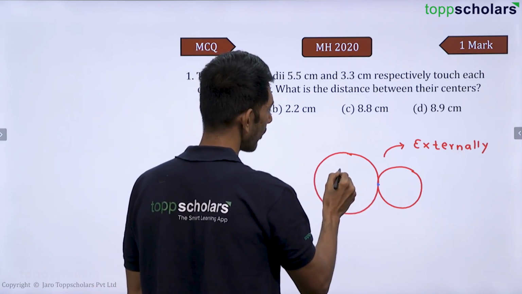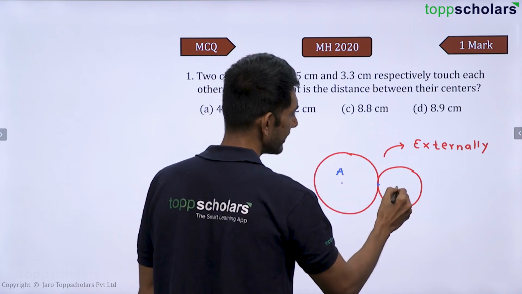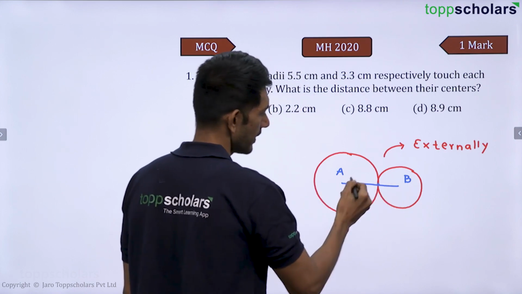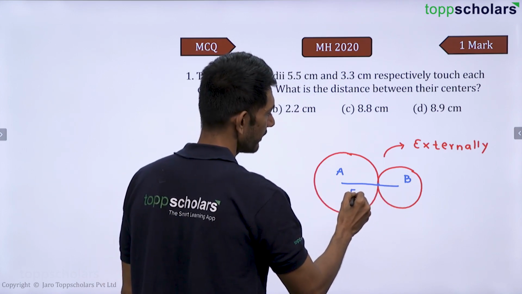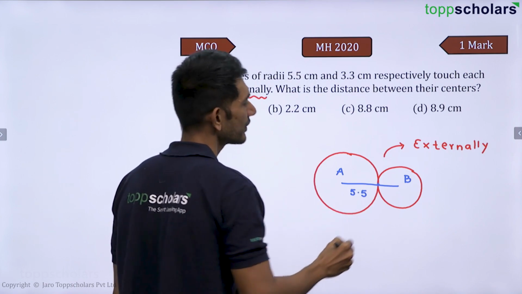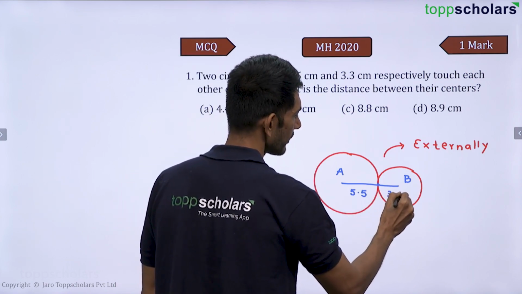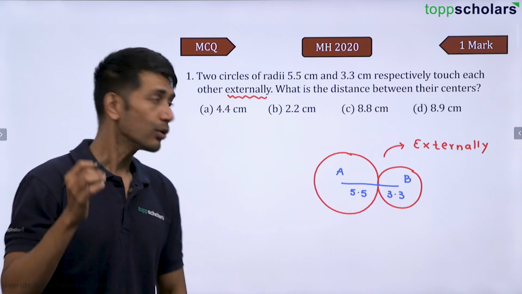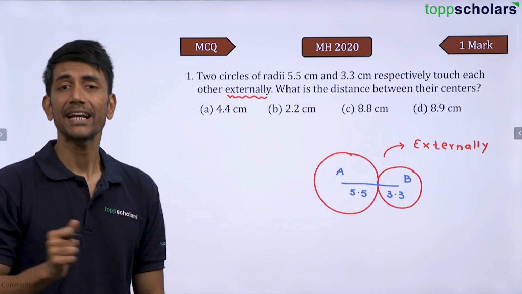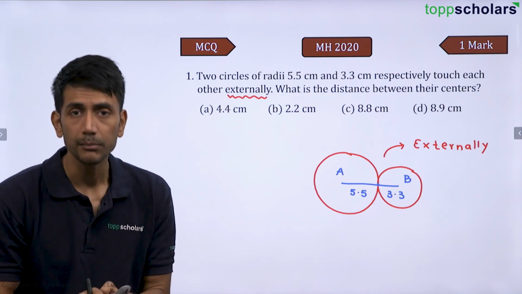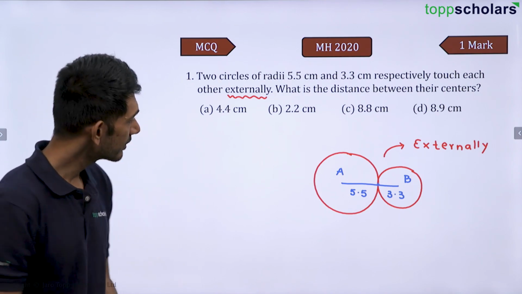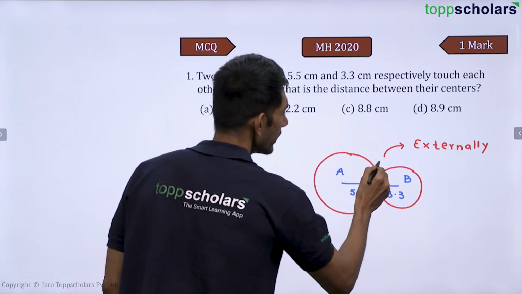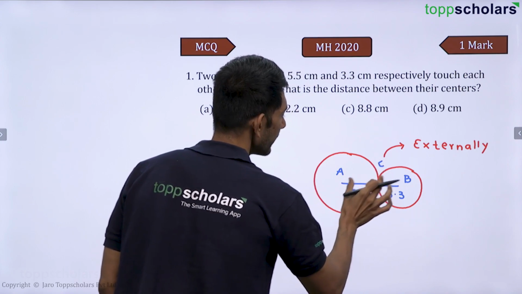So suppose the center of the first circle is A and the center of the second circle is B. And if I join them, the radius of the first circle is 5.5 and the radius of the second circle is 3.3. We are supposed to find out the distance between their centers. So if they don't give you an MCQ, in that case you are supposed to write down, by theorem on touching circles, the distance between their centers will be equal to the sum of their radii.